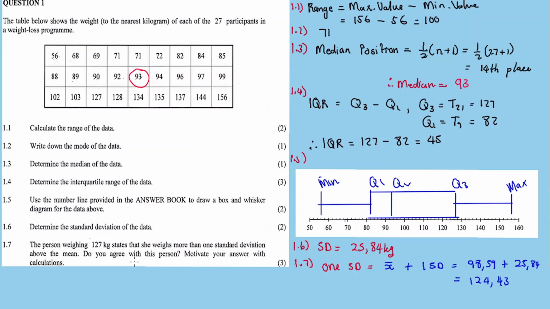Alright, I do agree. 127 is actually greater than 124.43, which is 1 standard deviation above the mean. So this is true. So our question 1 is done, guys. This was statistics, the five number summary.